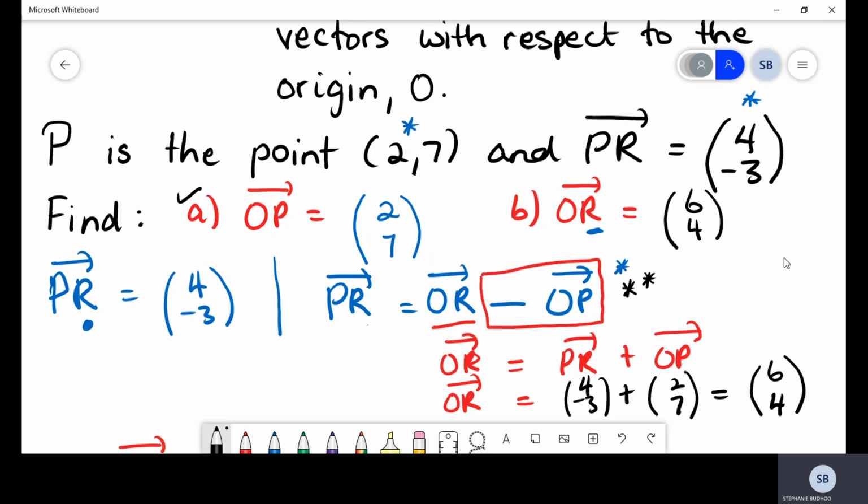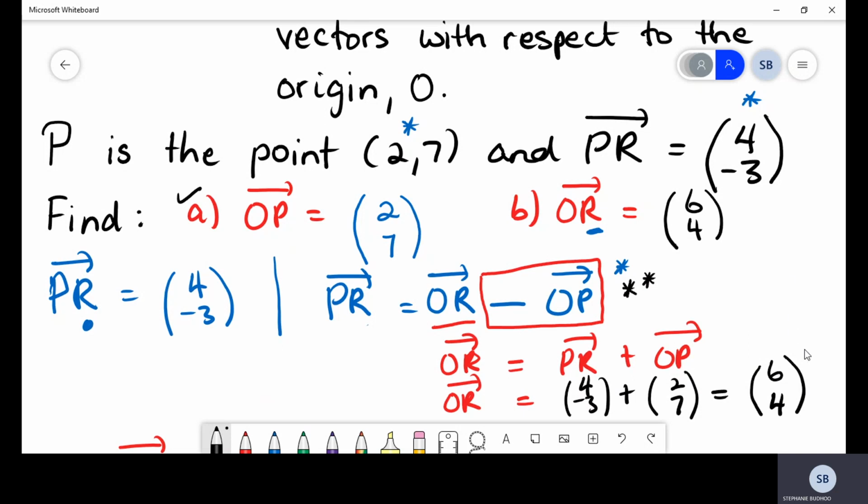So whenever you are caught in a bind and you realize you're getting nowhere, try the vector rule. Try breaking up some position vectors into the difference of 2. See what happens, see what you have. And believe it or not, 90% of the time, it usually ends up being the way towards getting your answer.